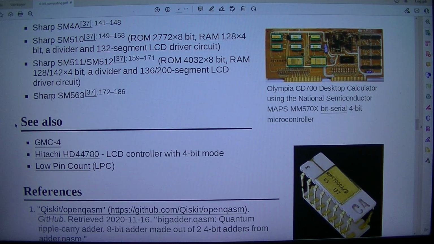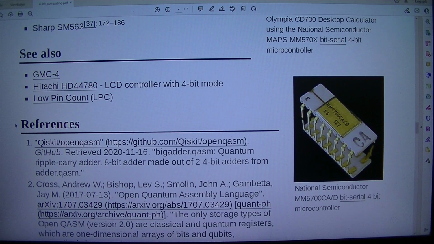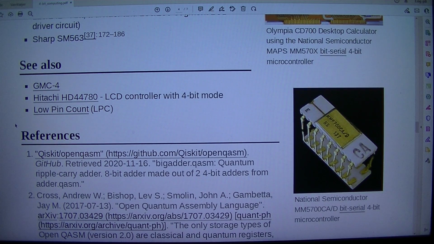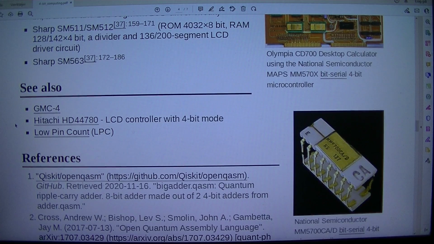Sharp SM511/SM512, 37, 159, 171, ROM 4032 8-bit, RAM 128/142 4-bit, a divider and 136/200-segment LCD driver circuit.